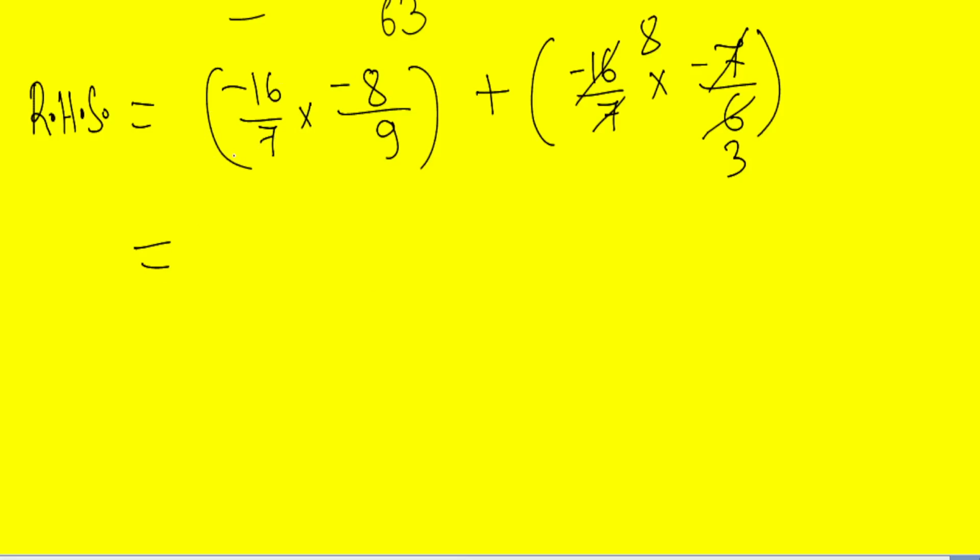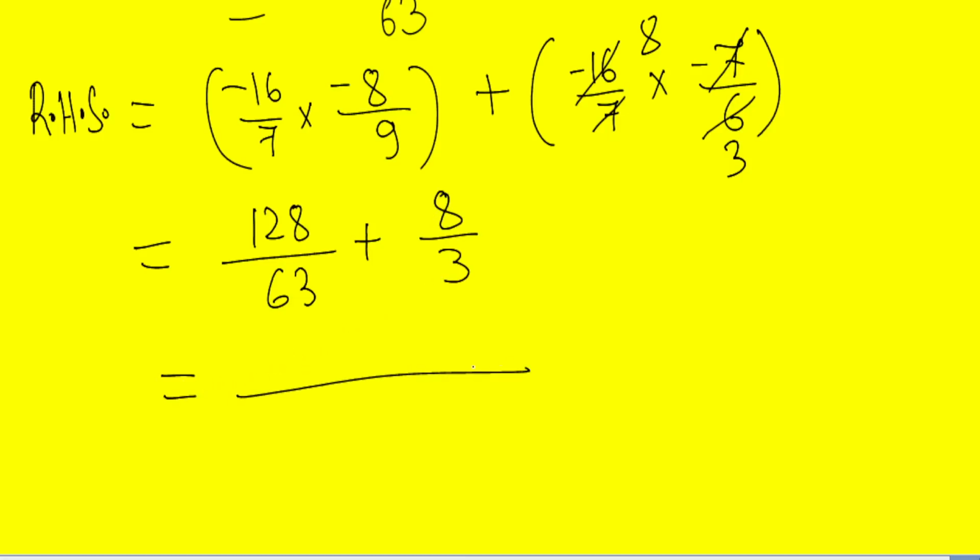So negative multiply negative will become positive. 16 multiplied by 8 is 128 upon 7 multiply 9 is 63 plus 8 upon 3. Now 63 और 3 का LCM कितना आएगा? 63 ही आने वाला है. But 63 will divide 63, तो 128 will be multiplied with 1, plus 3 will divide 63, तो quotient is 8.